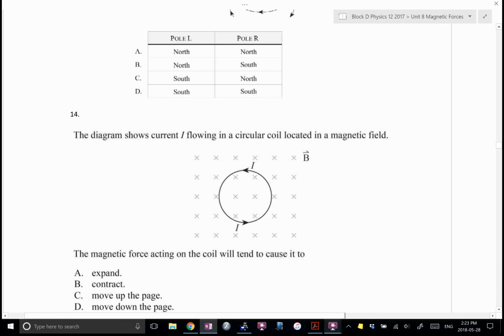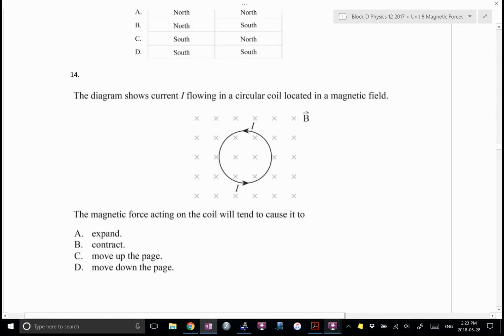Take a look at number 14, please. It says this, the diagram shows current I flowing in a circular coil located in a magnetic field, and those X's means the magnetic field is going which way? The magnetic force acting on the coil, you know what? Put a little positive right at the top.